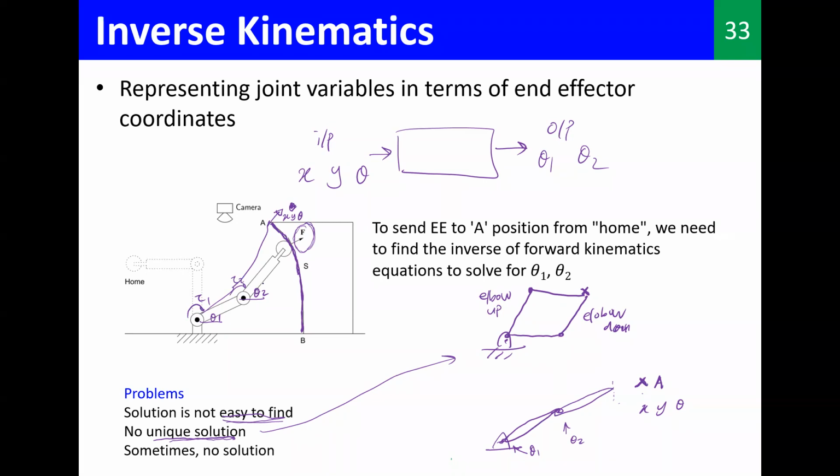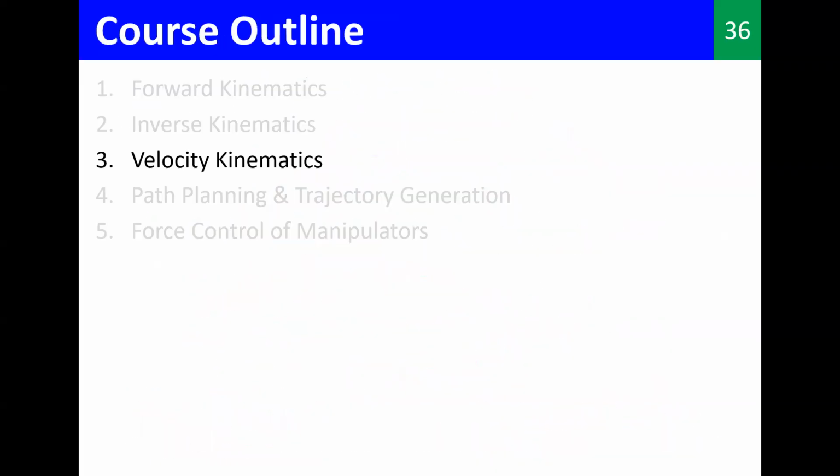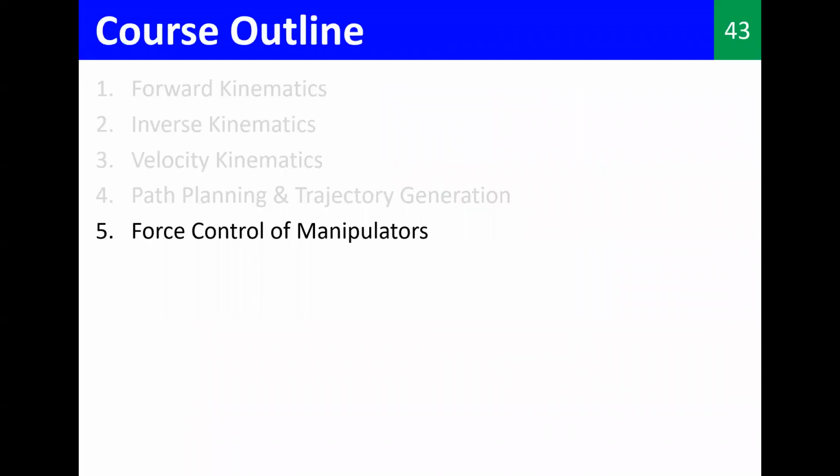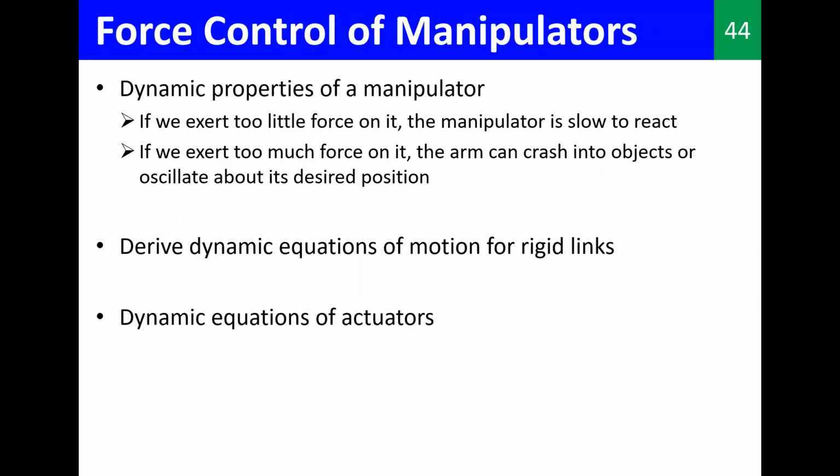So that's basically the idea in this, right? And interestingly, the same Jacobian matrix that we learn in velocity kinematics can be used to establish this relationship, forces and torques, right? Okay, so that is the final topic in the course outline.